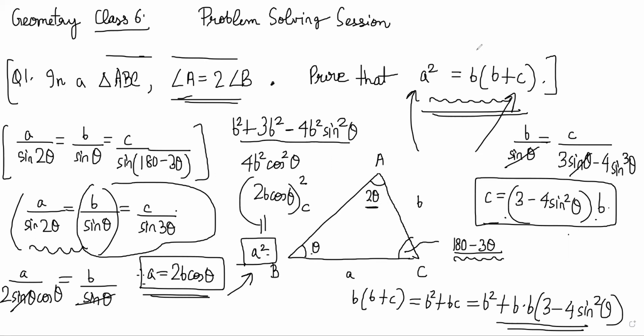So basically starting from here, you can show that it is equal to this, because the triangle becomes fairly simple once you put 2 theta, theta and 180 minus 3 theta into the sine rule and we'll get a nice result. So that is one way to do it. Obviously, there are other ways to prove it also. You can try other ways as well.